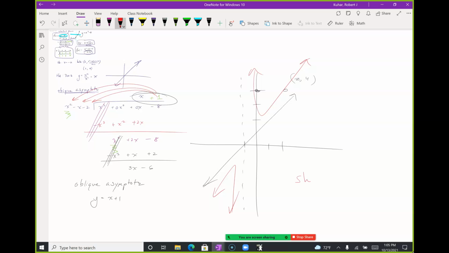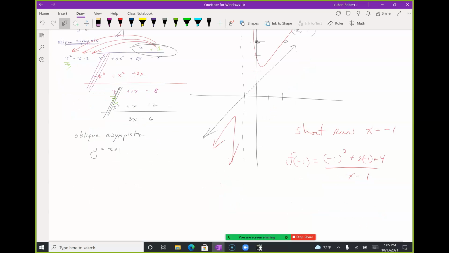Let's look at short run at -1. What do I get for short run at -1? I get f of -1 is (-1 squared plus 2 times -1 plus 4) over (x plus 1).